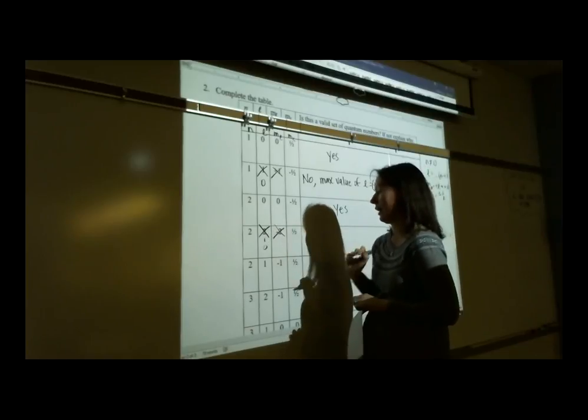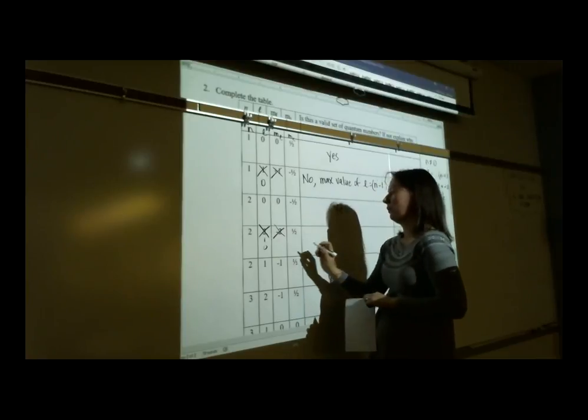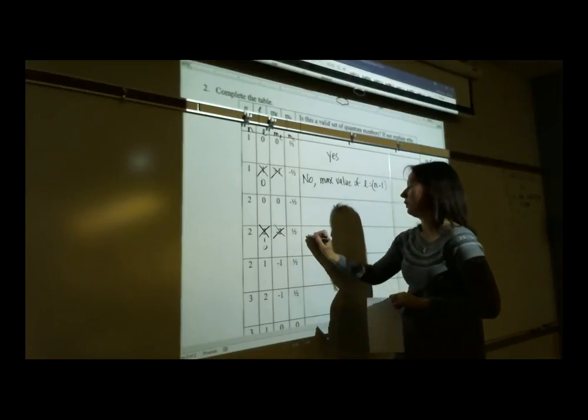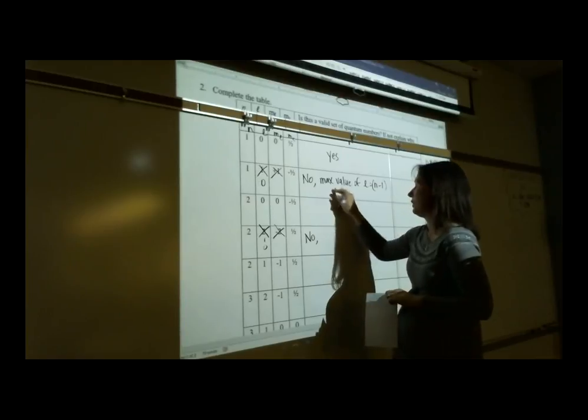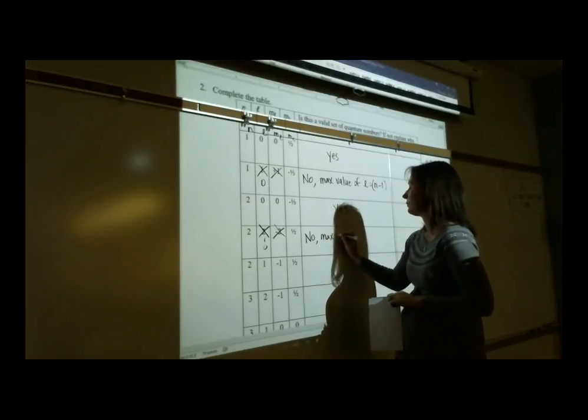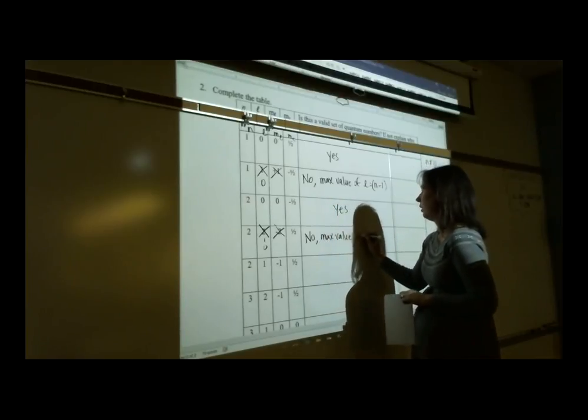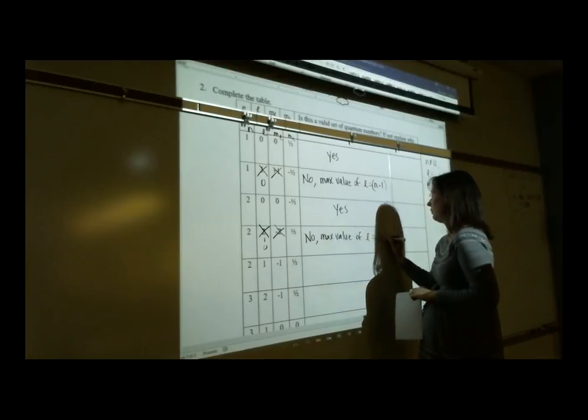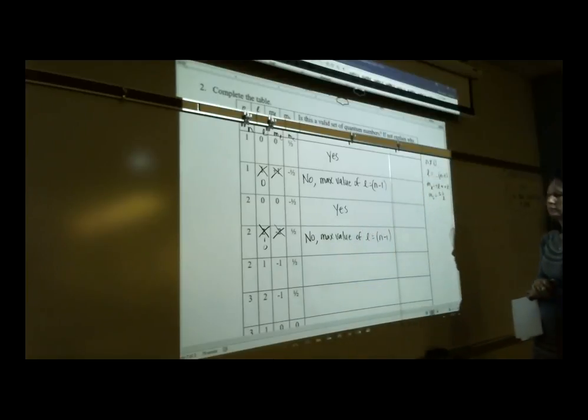Therefore, that means this answer's out too. So both of those values are garbage, right? No, for the same reason here. Max value of L, N minus 1. Do we agree?